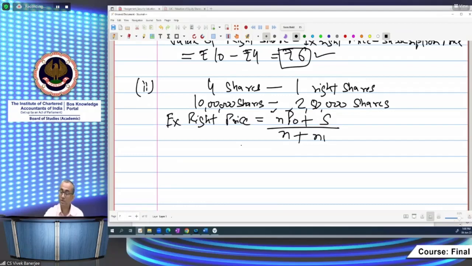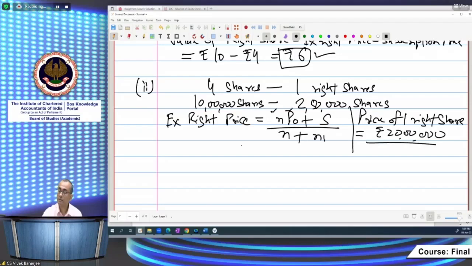But before that we have to calculate the price of the right issue, because the price of one right share is equal to 20 lakh divided by the number of shares, because this is the total right share value divided by the number of shares.